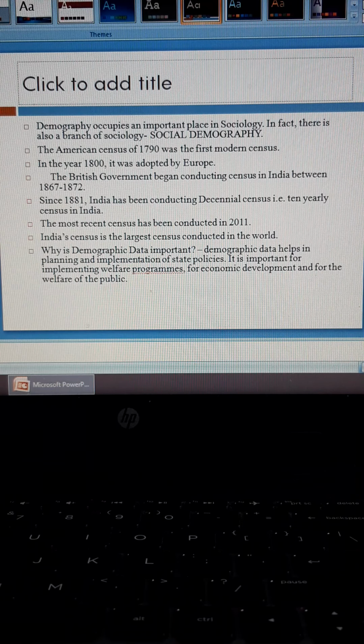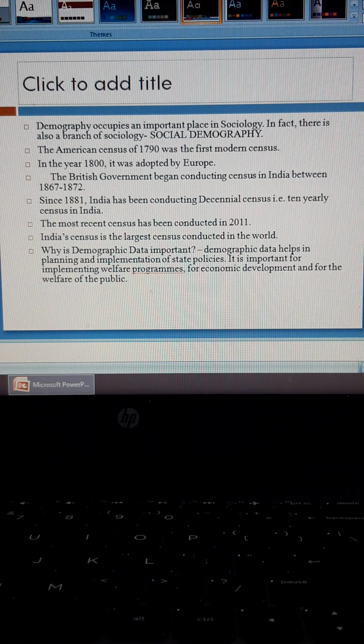Sociology uses demography to find out why in certain states the female population is high, why in certain states it is low, why in certain states birth rate is high, poverty is high, or in certain states poverty is low. Sociology uses demography to get all this data, and on the other hand it tries to find out the consequences, the reasons or causes of such change in population. There is also a branch of sociology called social demography.